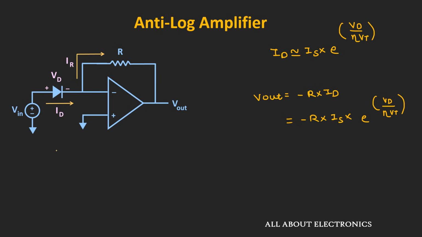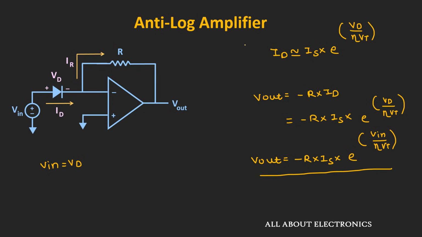Now as we have seen, this input voltage Vin will be equal to the voltage across the diode. So the output voltage Vout will be equal to minus R times Is into e to the power Vin divided by eta Vt. So this is the expression of the output voltage in case of the anti-log amplifier.